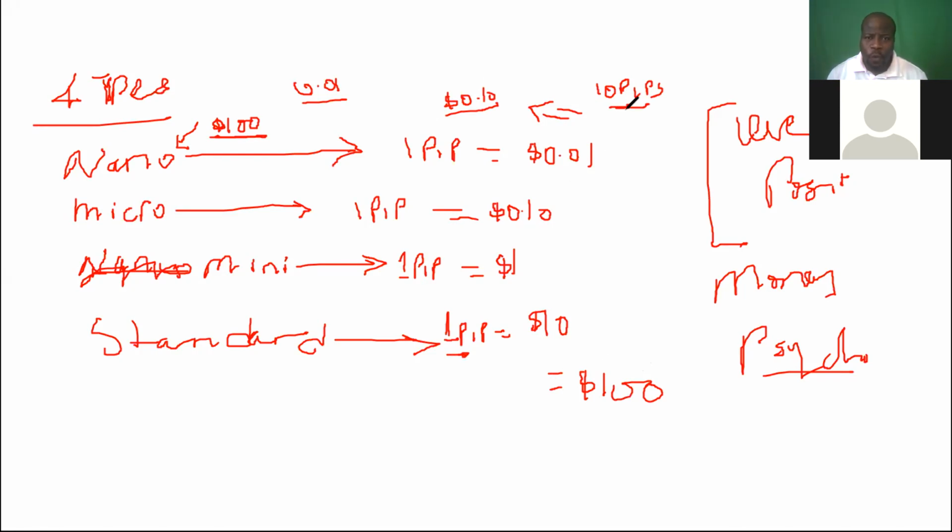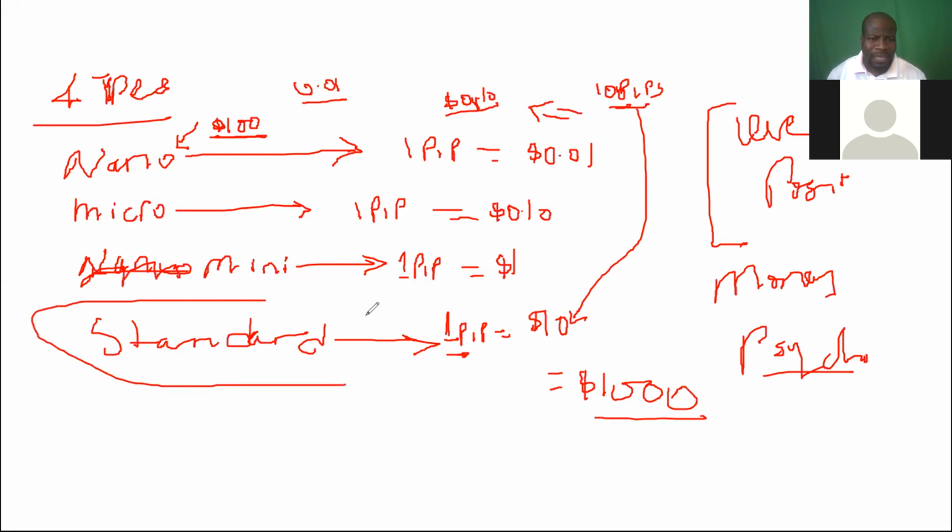So if you make 100 pips on this, it will be $1, but on this it will be $1,000. You see how it works? But if you don't have the ability to operate standard accounts, it's okay. Start small and grow it and grow it and grow it, but don't be in a hurry.